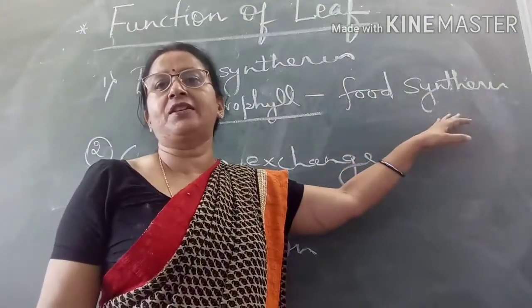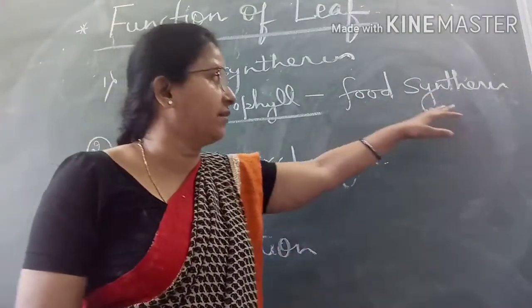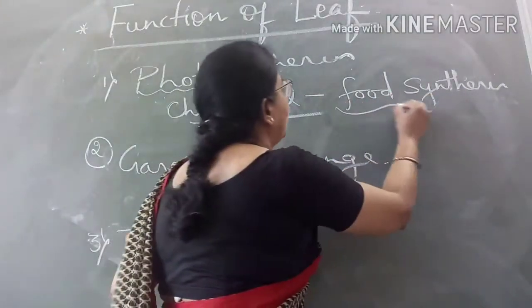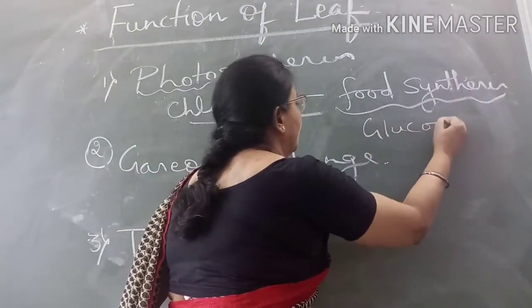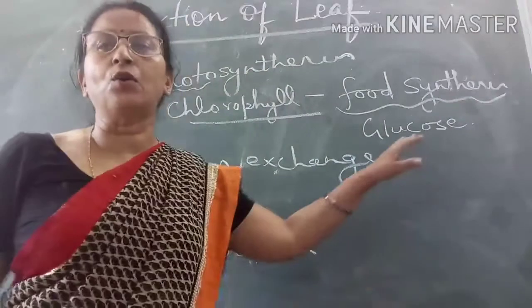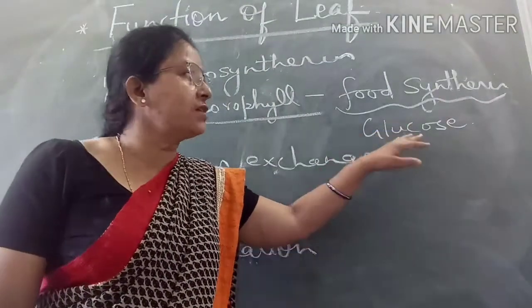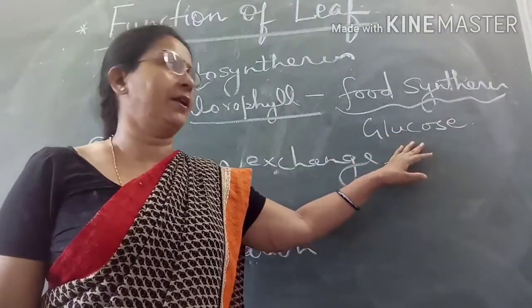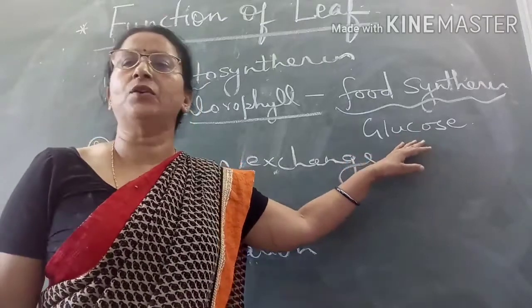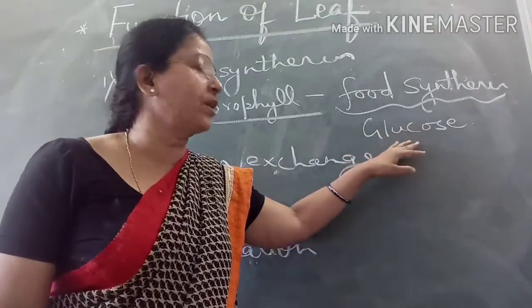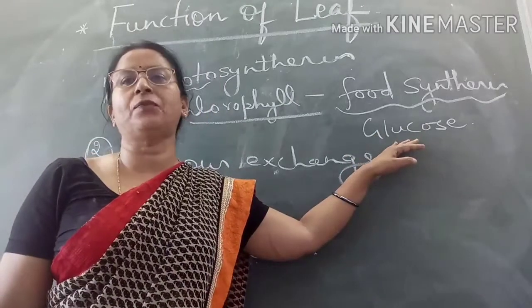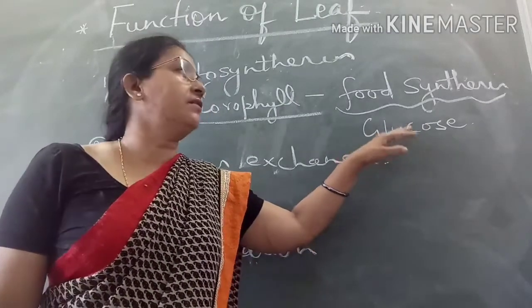Food synthesis occurs. In which form food is synthesized? Actually, food is synthesized in glucose form. And just after its formation, it is transported to its different parts. In which form? Its transportation occurs not in the form of glucose.